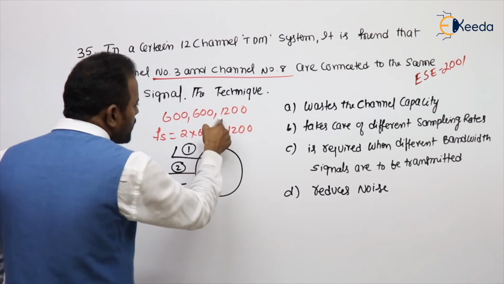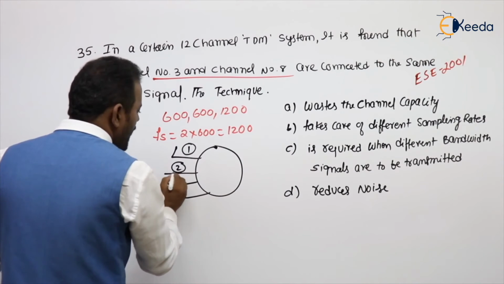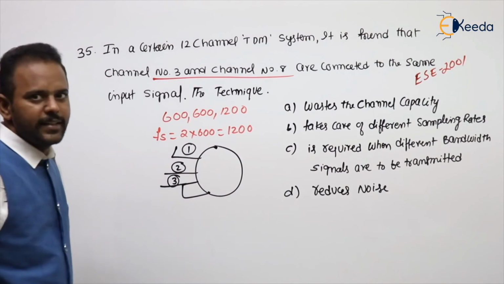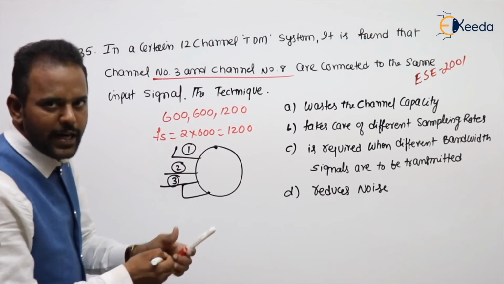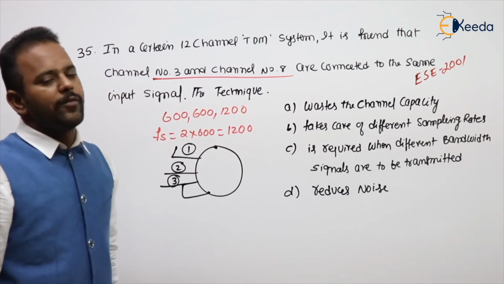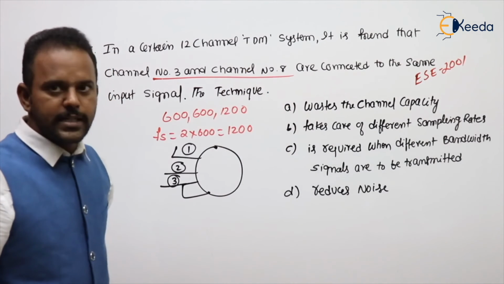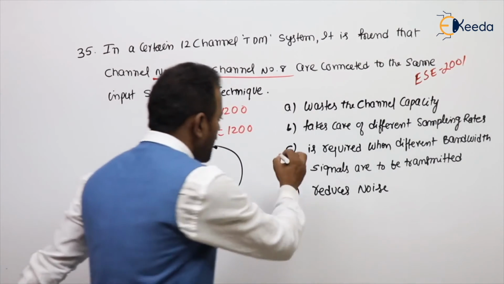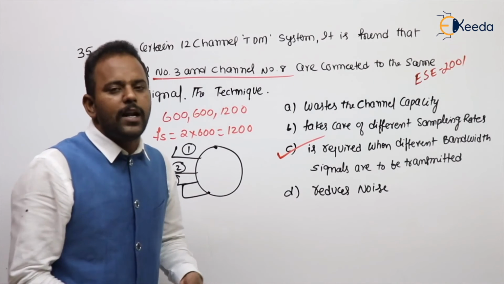But for the third input, the minimum is 2400, so two slots are connected. Here also number 3 and number 8 are connected for the same input. Why? Because signals having different bandwidths have to be transmitted. One of the excellent problems asked in the ES examination. So option C. Because of that, the bitrate will decrease.